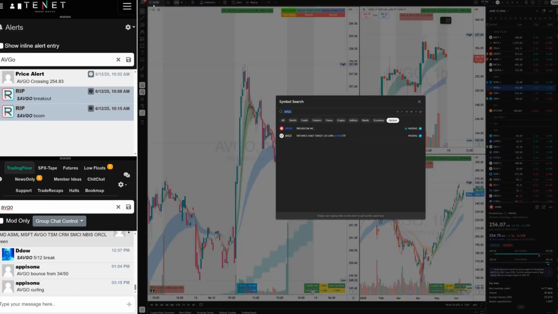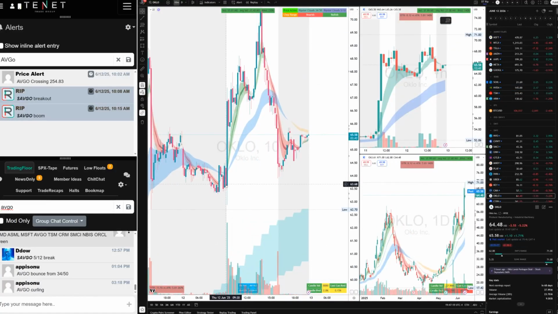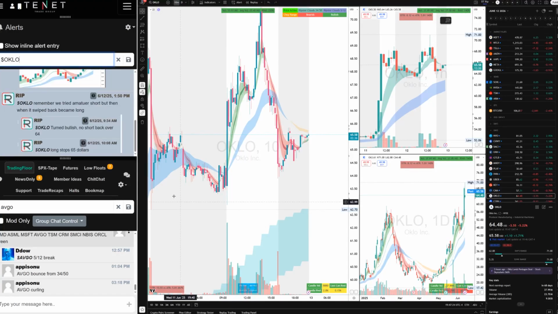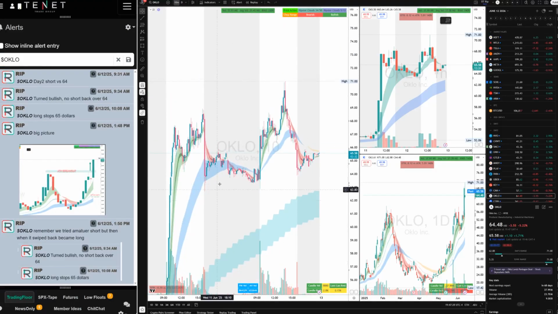All right, so let's look at Oklo. Oklo was initially our amateur loser. Remember, there's always an amateur candle. If you wait on the amateur candle, then sometimes you can have better trades. You don't always need to trade the amateur candle. So anyways, when the amateur candle was breaking down, I took a short there and wanted to see if it could flush further. But I watched that all the nuclears are strong. They're actually pretty strong.